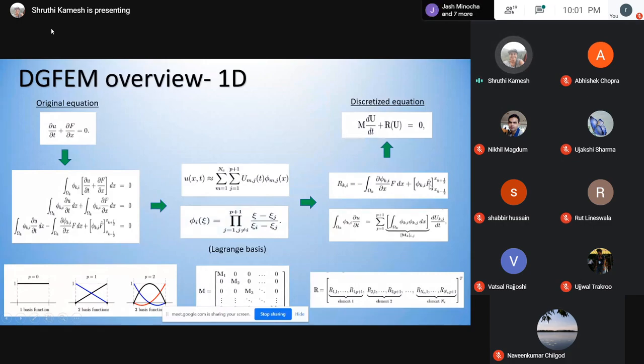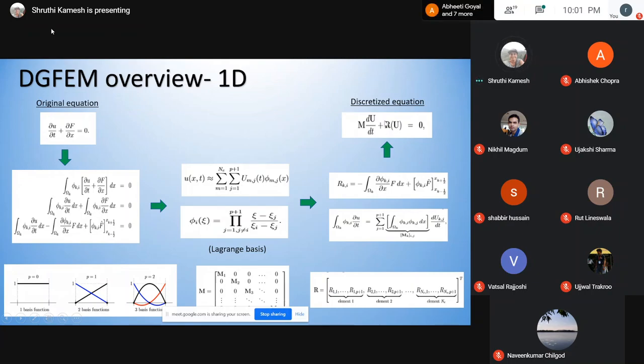And then F hat refers to what comes in or comes out at each of these nodes, depending on the values to the left and right of each node. I'm talking about this in 1D because it's much easier to explain. Then you form the discretized equation, where you solve for your basis coefficients, each of the n times p plus 1 values.